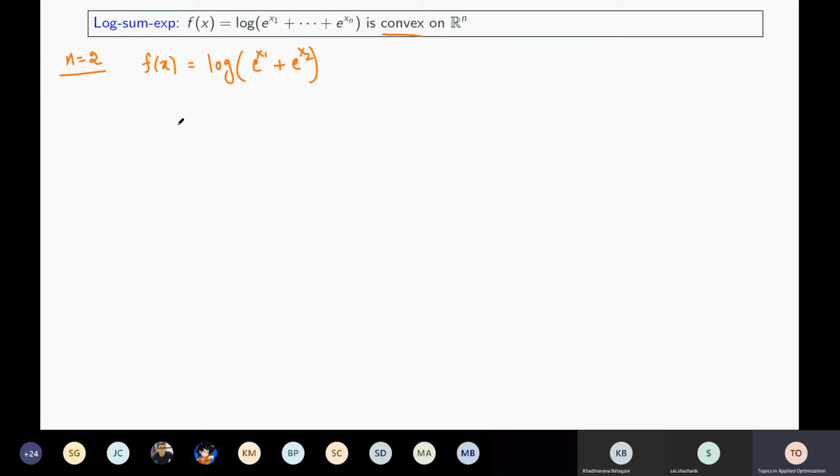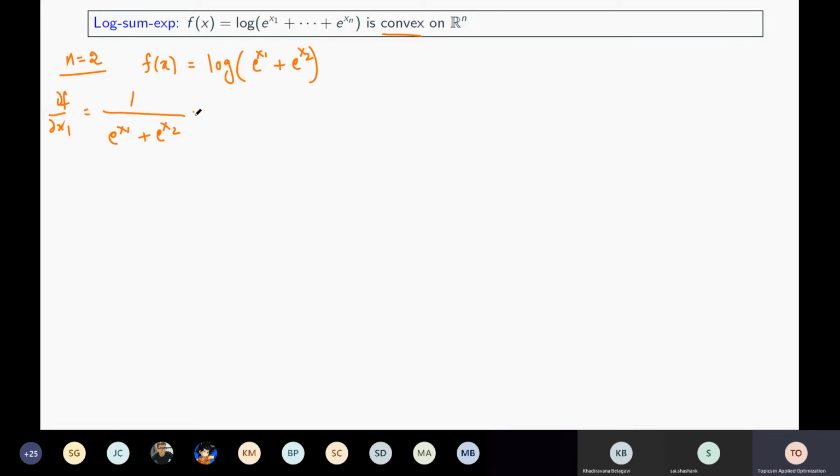We would like to first check what is the Hessian in the two variable case. So in this case we have del f by del x1. This is 1 divided by e^x1 plus e^x2, because the derivative of log x is 1 over x, and then inside we have to do the chain rule.